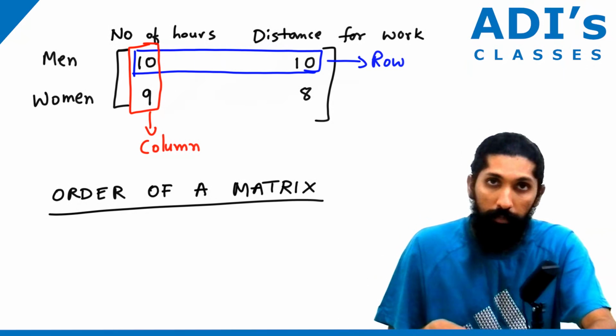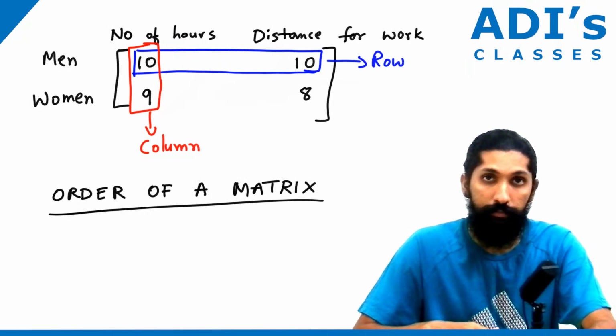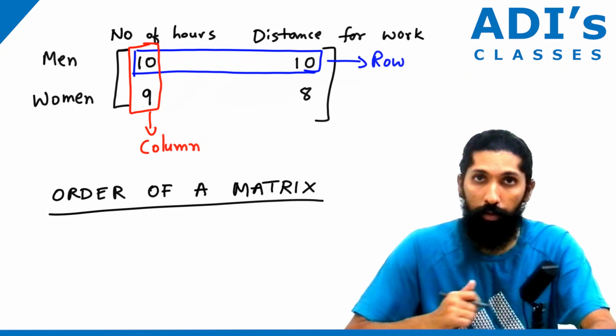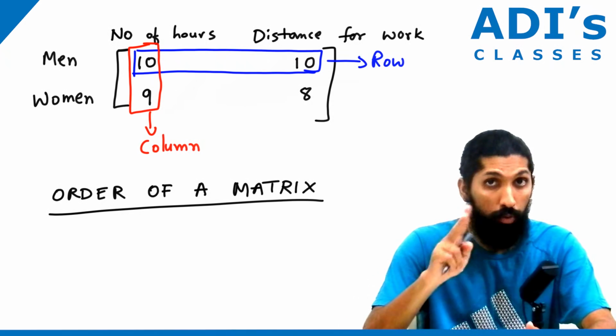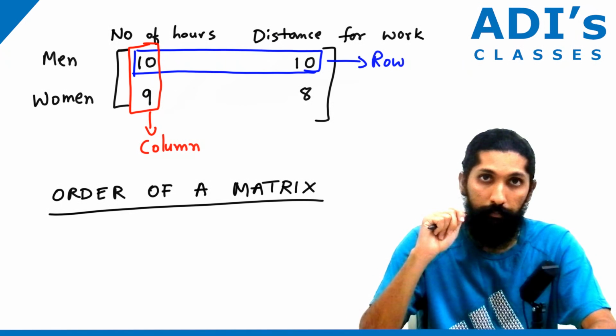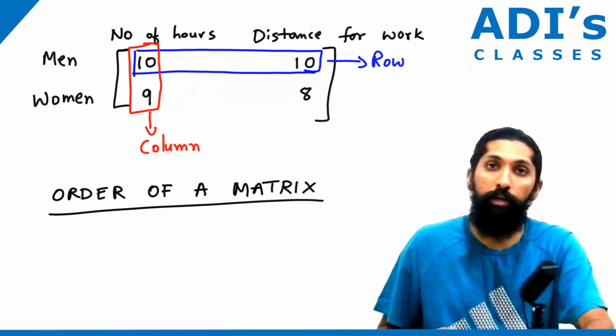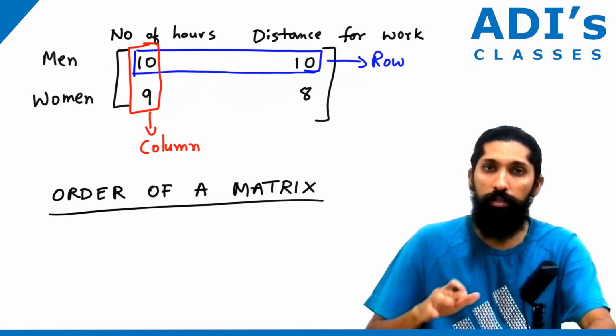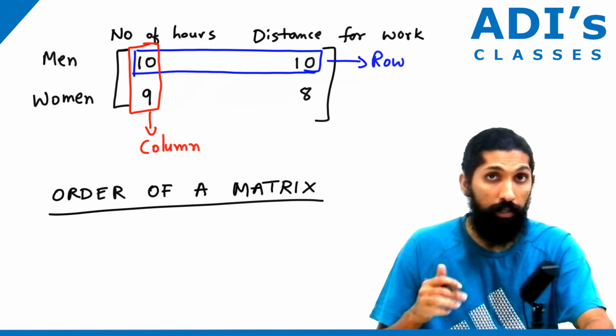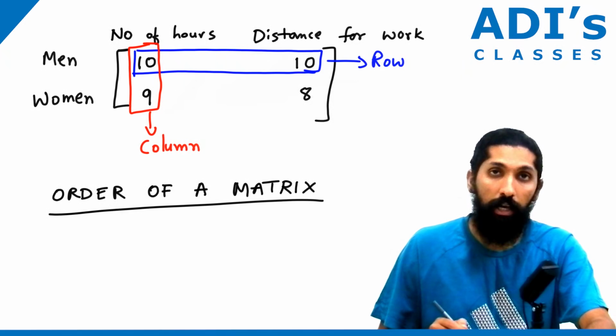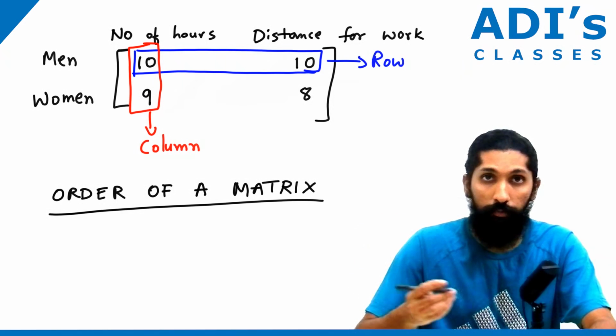Now what do we mean by order of a matrix? If you look at the example we have, you have 2 rows and 2 columns. Suppose I take another example, very similar to this one: the scores in a test.